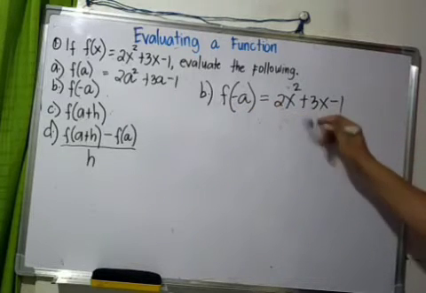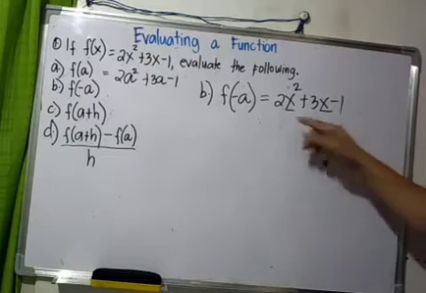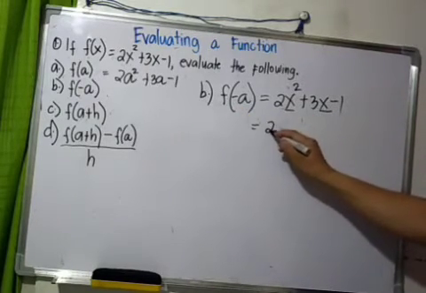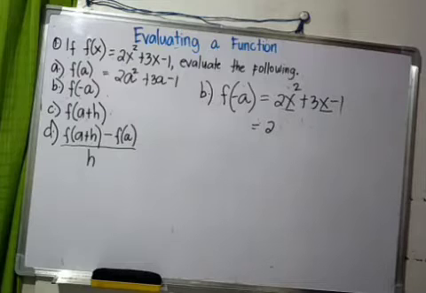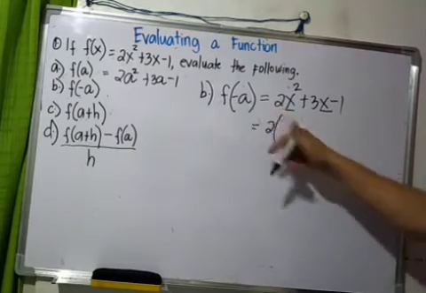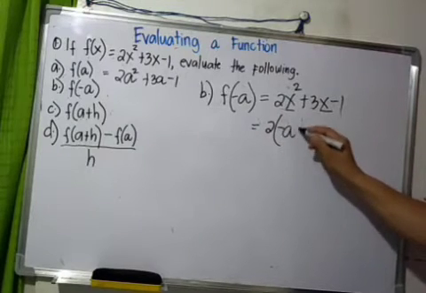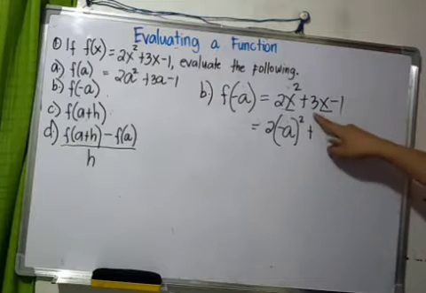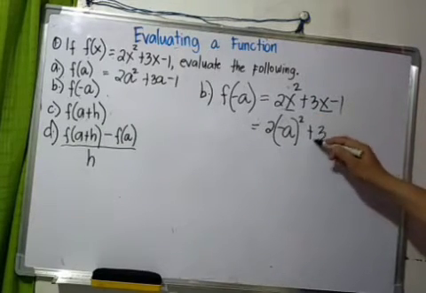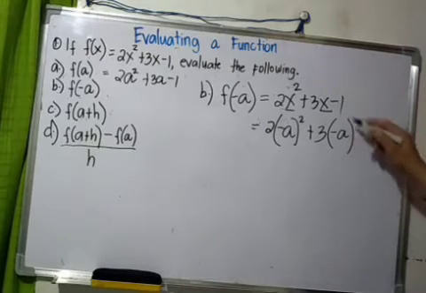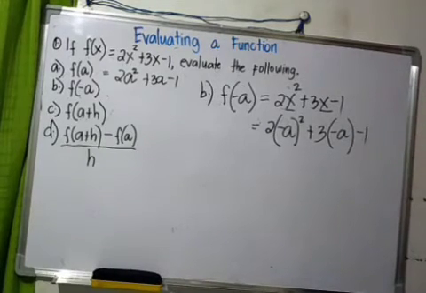So, ang x magiging negative a. So, that is 2, kupihan lang natin yung numerical coefficient, times negative a squared plus this one magiging 3 times negative a, then subtract 1.